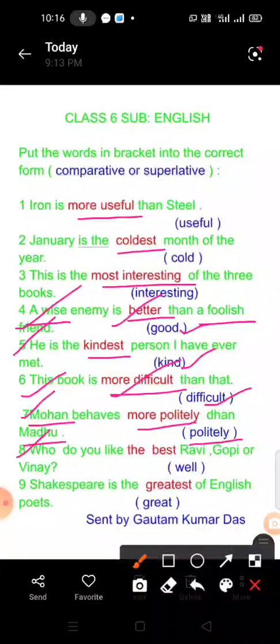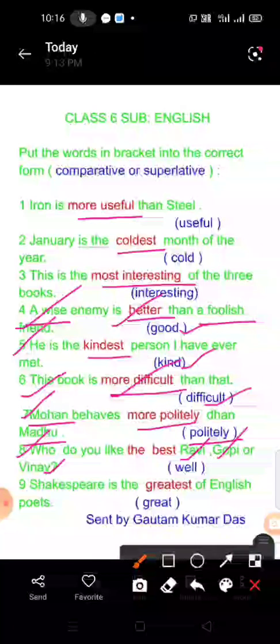And number 8, who do you like dash, Ravi, Gopal or Vinay? Here in this line there are 3 persons' names, Ravi, Gopi or Vinay. More than 2, then what will be? The best.